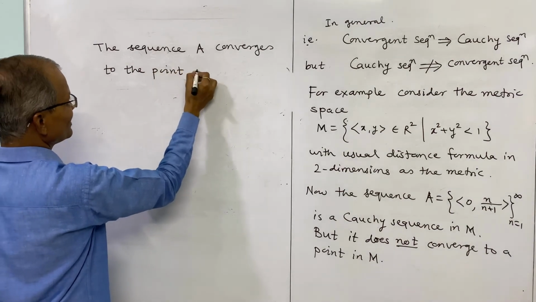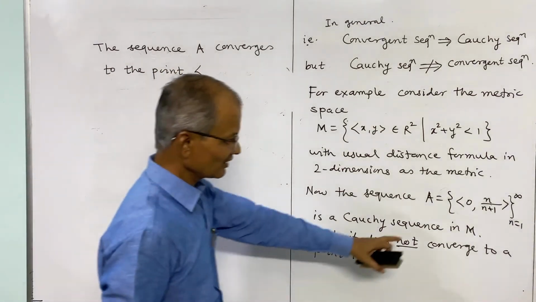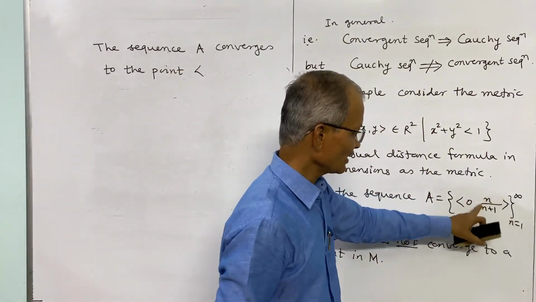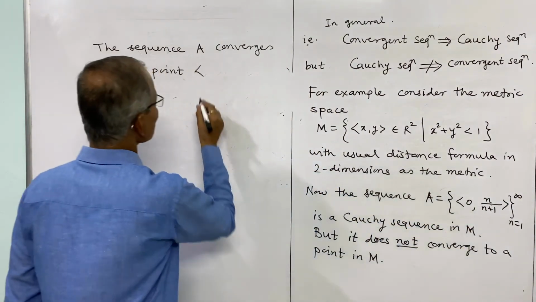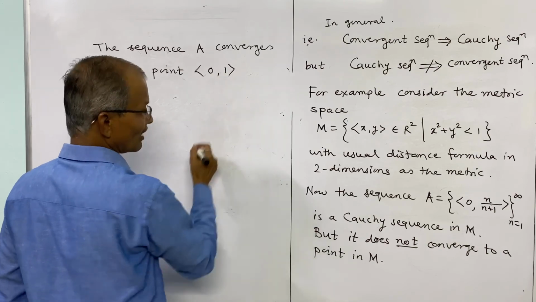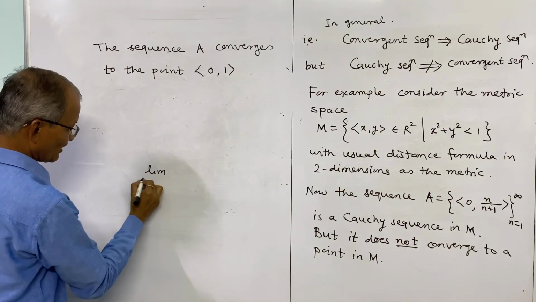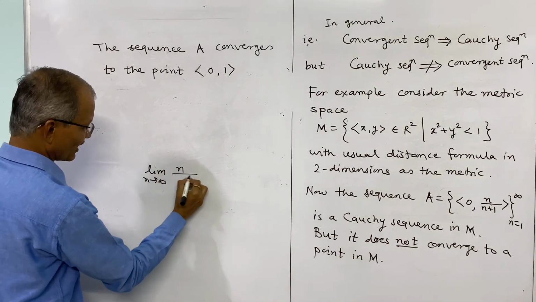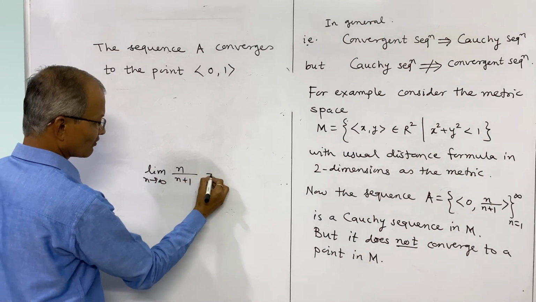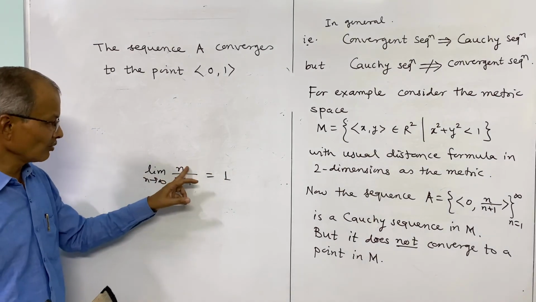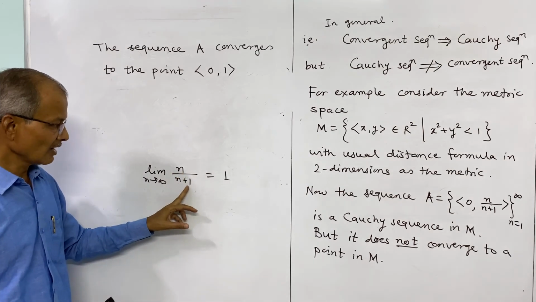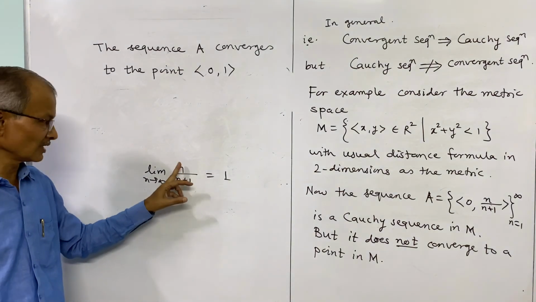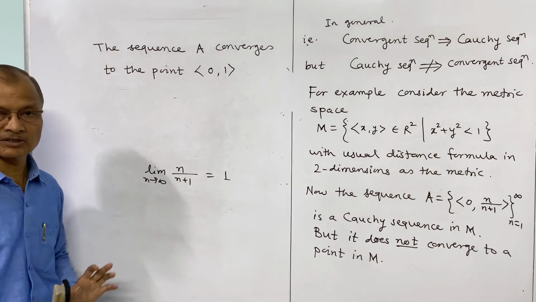We can guess easily: the first component is fixed as 0, and as n tends to infinity the second component will converge to 1. So this converges to (0, 1) as the limit. The limit as n tends to infinity of n divided by n plus 1: divide both numerator and denominator by n, so it becomes 1 divided by 1 plus 1 by n, and 1 by n tends to 0. That is 1 divided by 1 plus 0, which is 1.